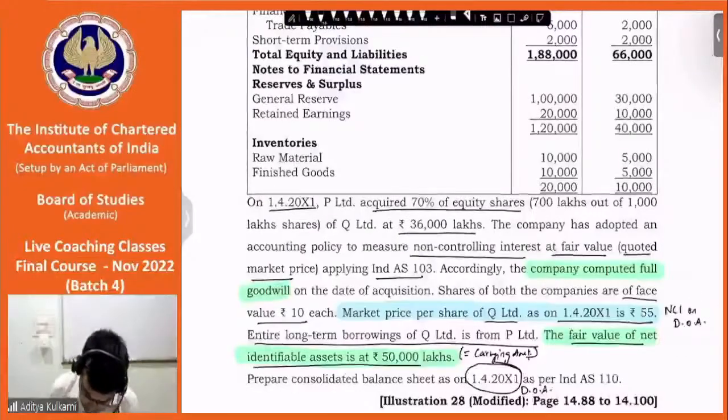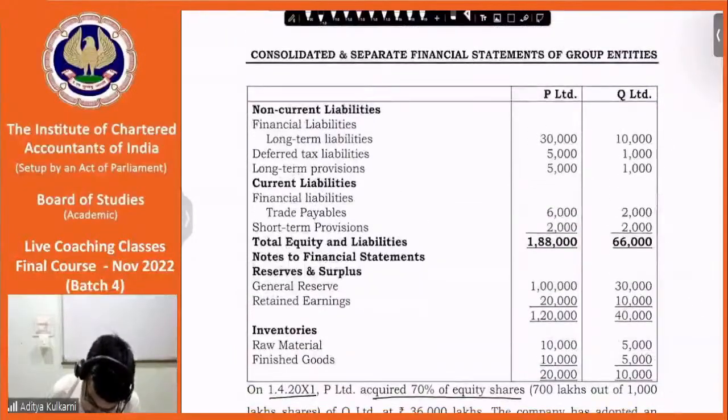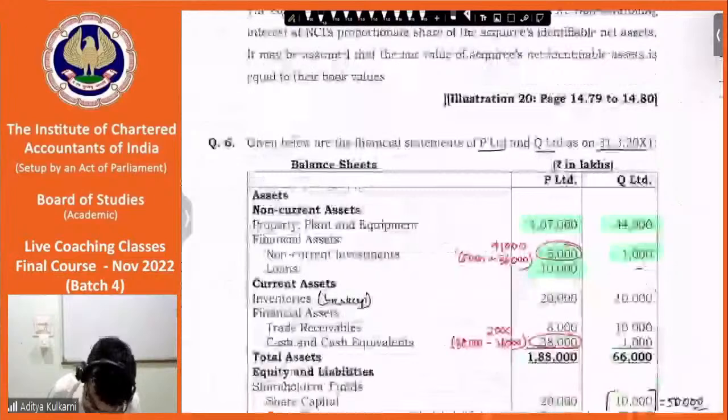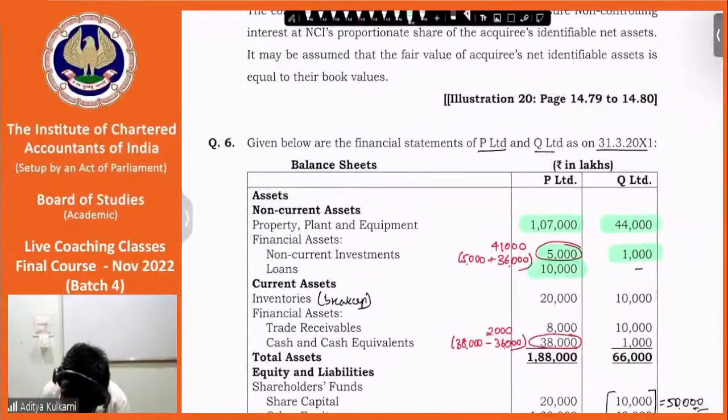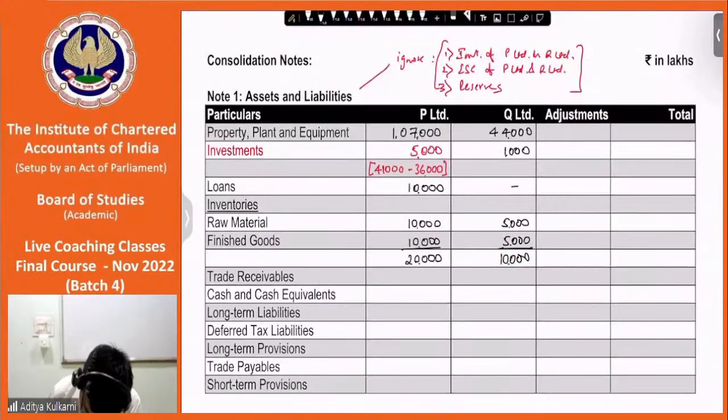Then you have trade receivables 8,000 and 10,000.